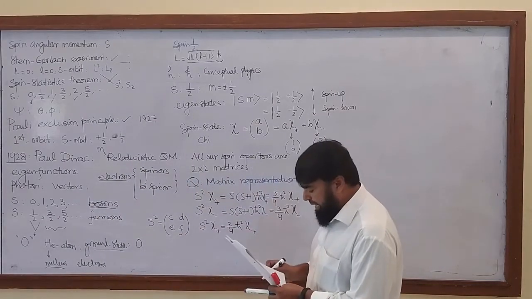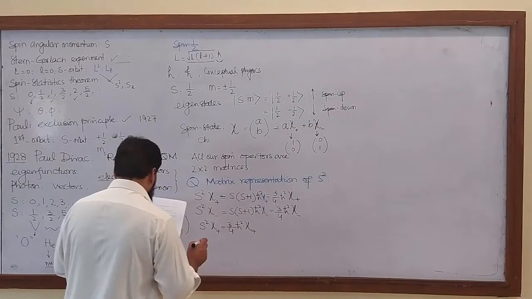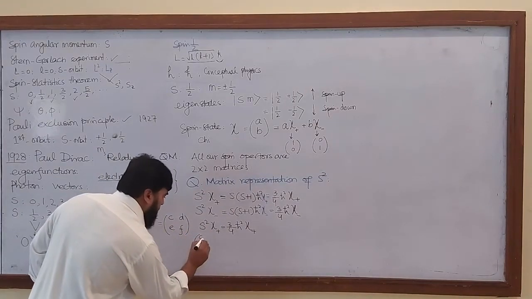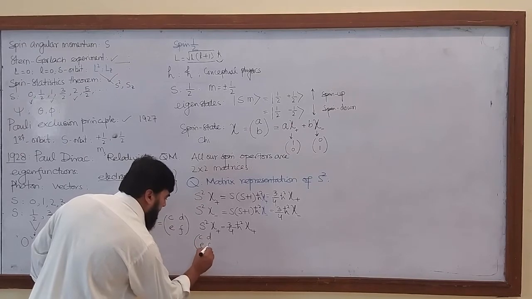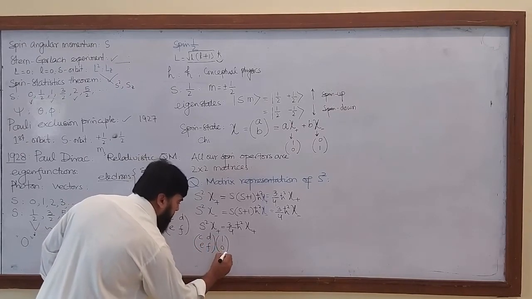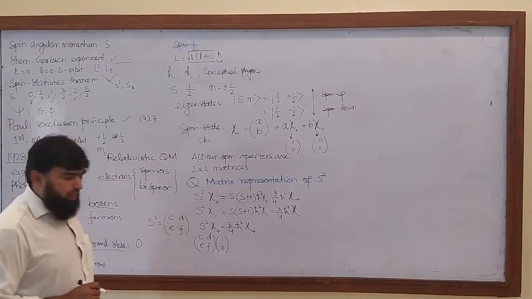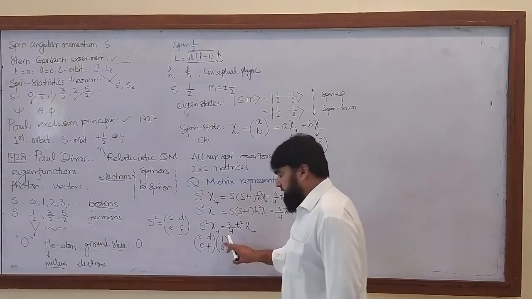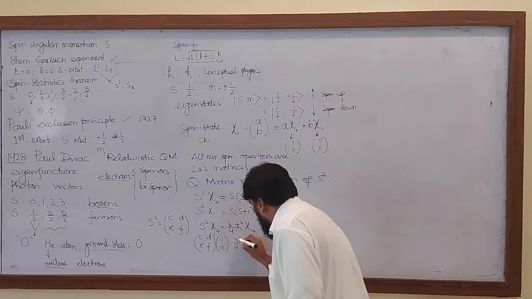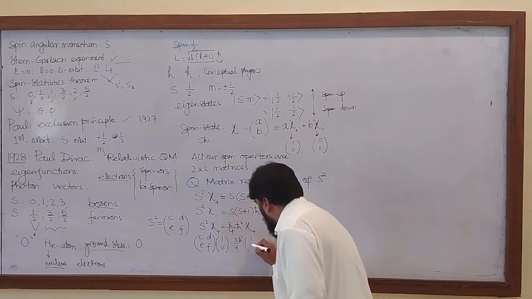So this implies that for S square I will now write my matrix which is C, D, E, F, and for chi plus I will write the eigenstate 1, 0, and here this is 3 over 4 h bar square and 1, 0.